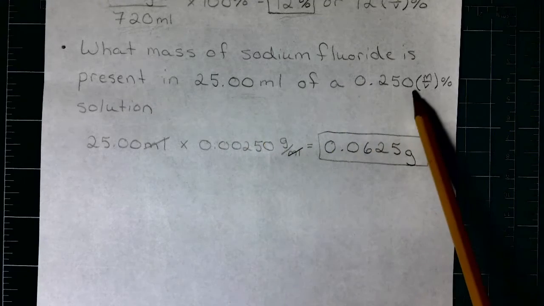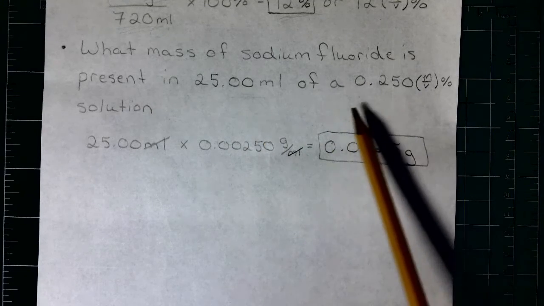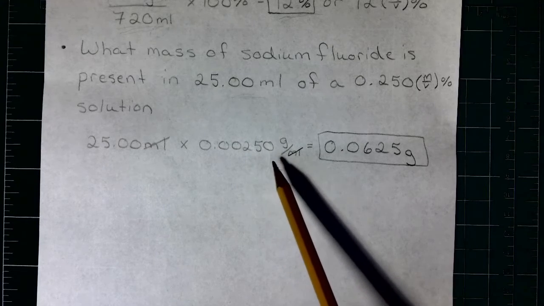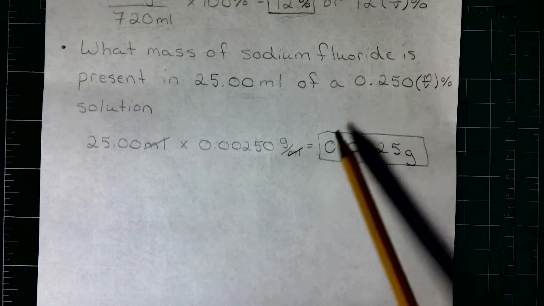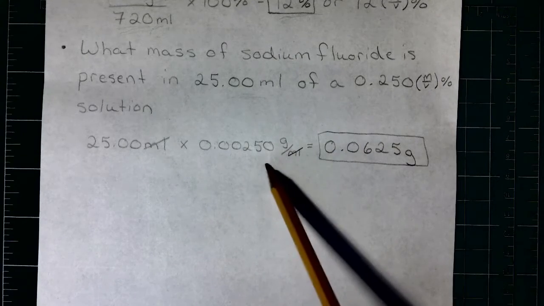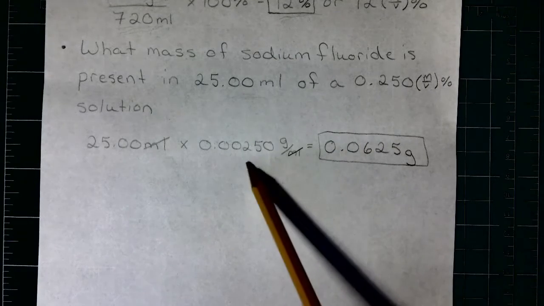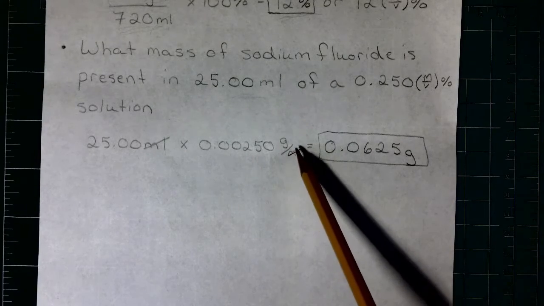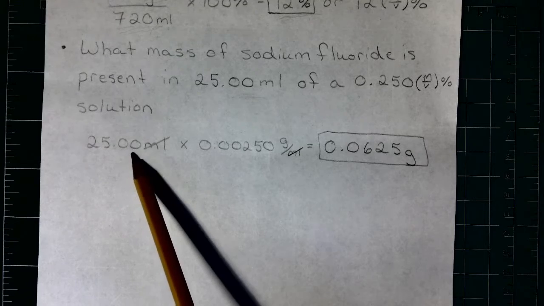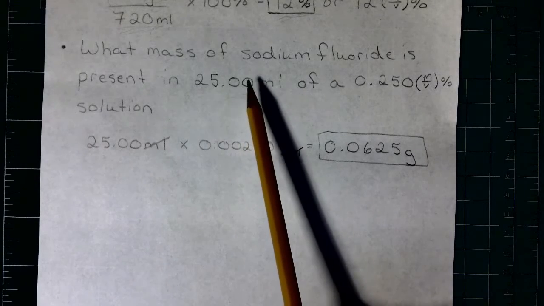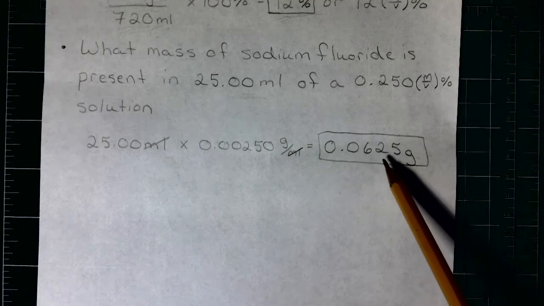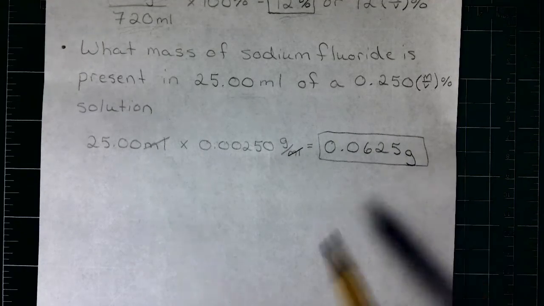We know that this is mass divided by volume, and we need to plug that in down here, but not with the percent symbol, or as a percentage. So this needs to be a decimal. We need to divide that by 100. As I've said, we're going to do grams over milliliters when we're doing these calculations. We multiply it by the milliliters in the problem, and we get out 0.0625 grams.